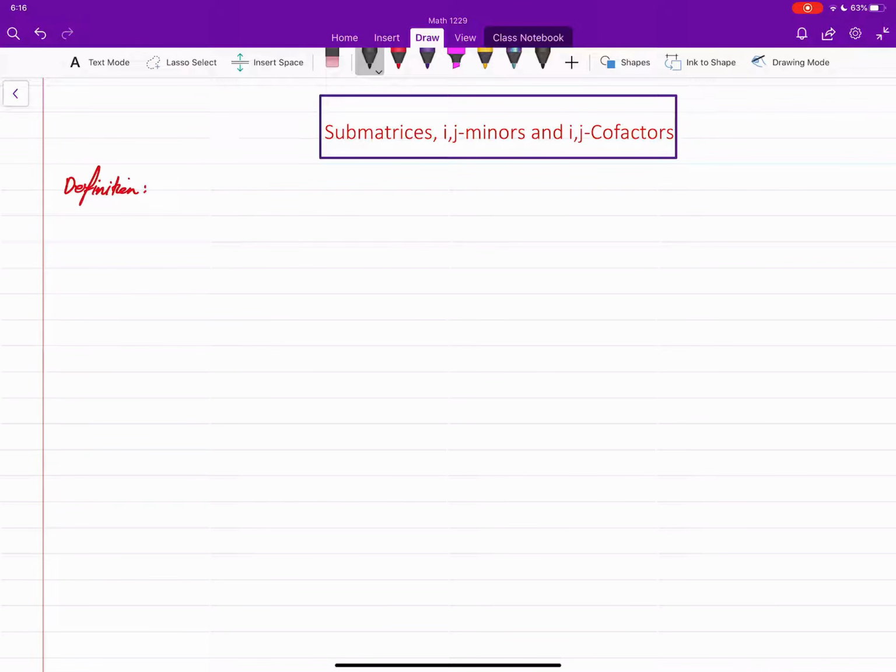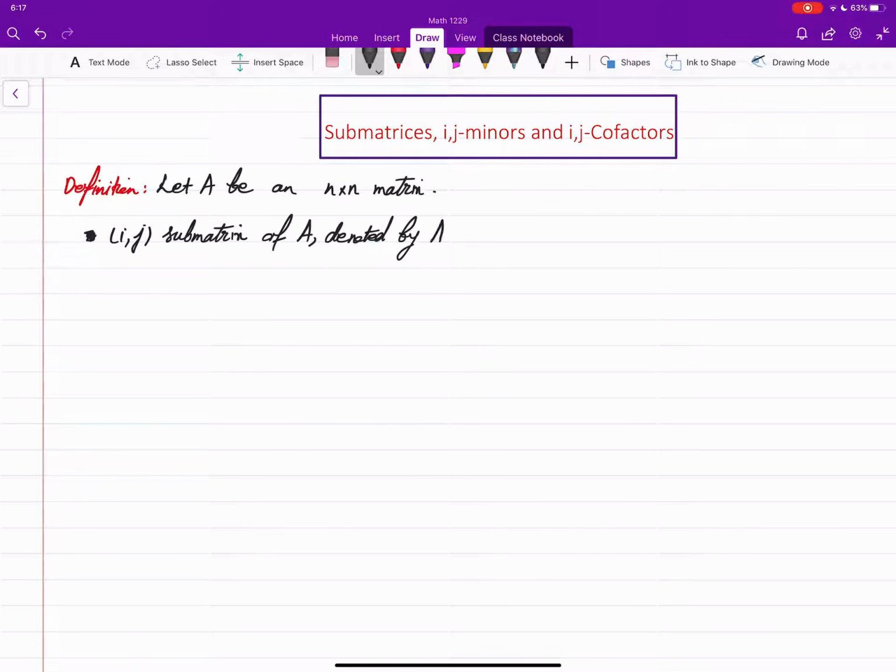We define all these things for square matrices. So let A be an n by n matrix, so it is a square matrix. Then the ij submatrix of A is denoted by Aij.